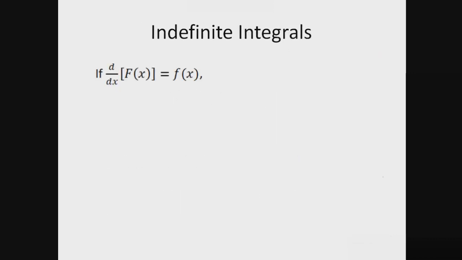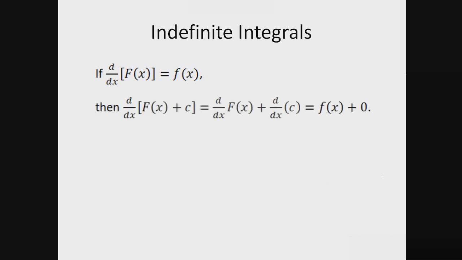If we differentiate the capital F(x) with respect to x, we will get the lowercase f(x). Then, if we differentiate the capital F(x) plus c, we can separate the differentiation process like this. Then we get the lowercase f(x) plus 0.